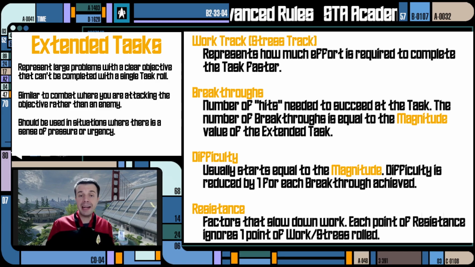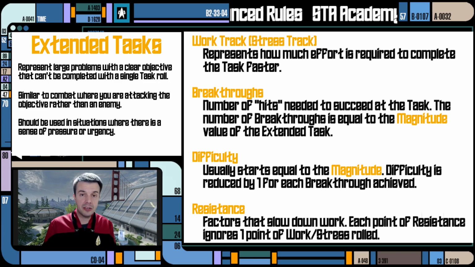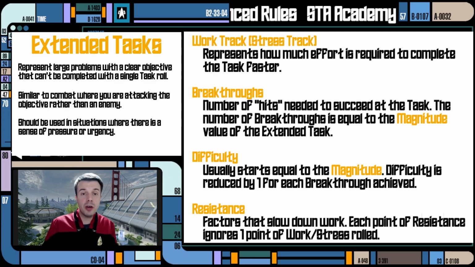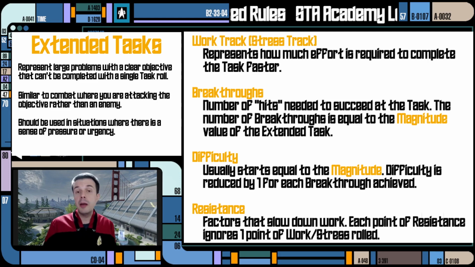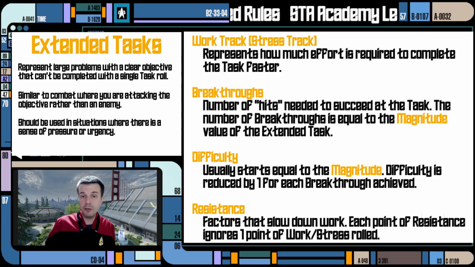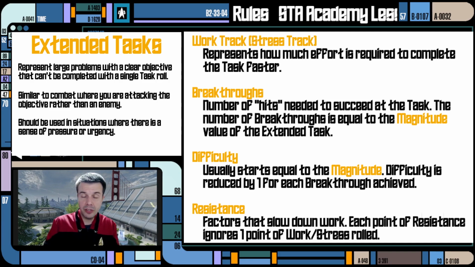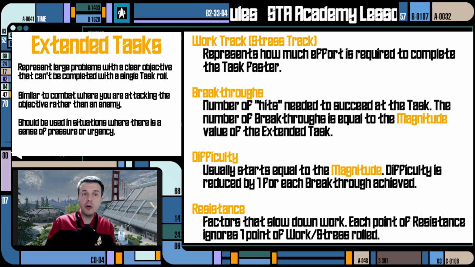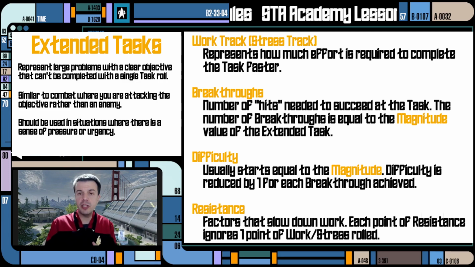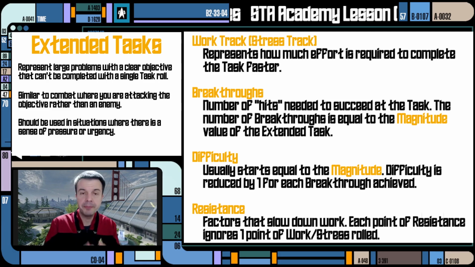There is a magnitude value that you put on an extended task, and the magnitude value is the same number as the breakthroughs that you have to achieve. Magnitude ranges between 1 and 5. 1 is almost pointless, because it is something that could very easily be achieved in a single die roll, or task roll, I should say.